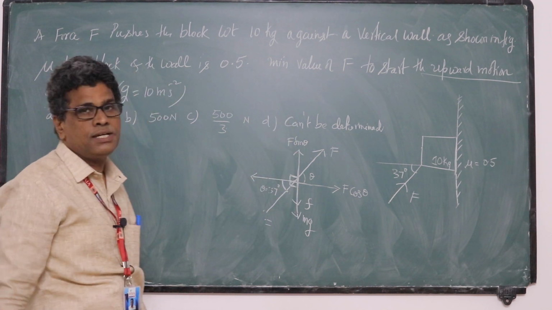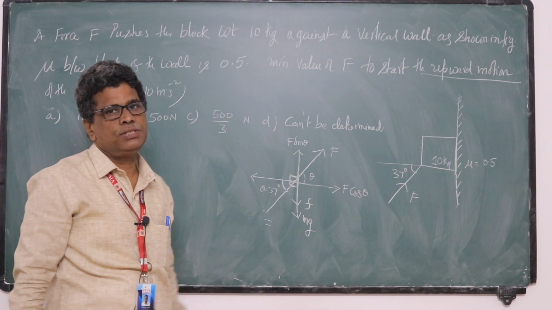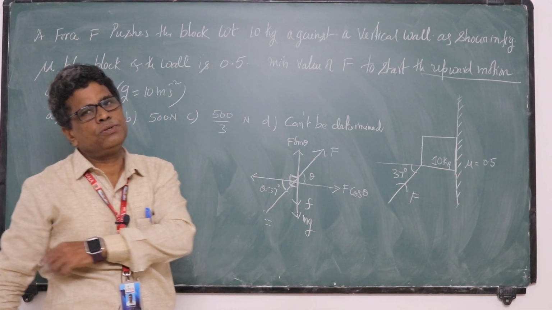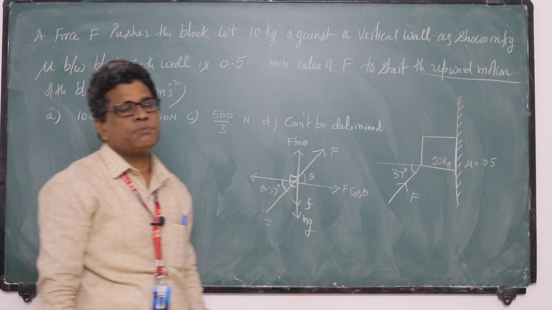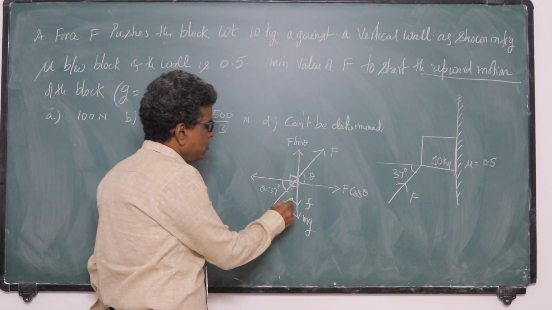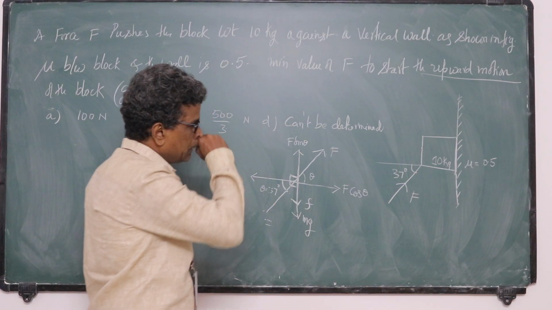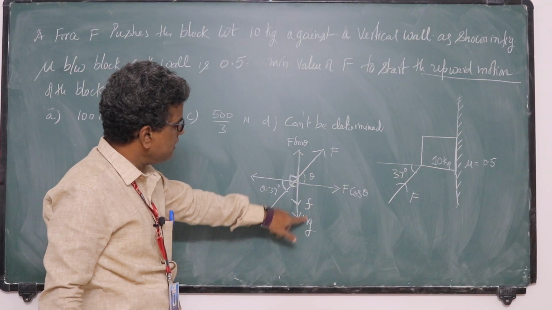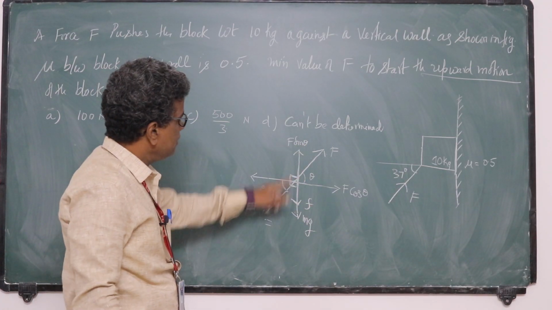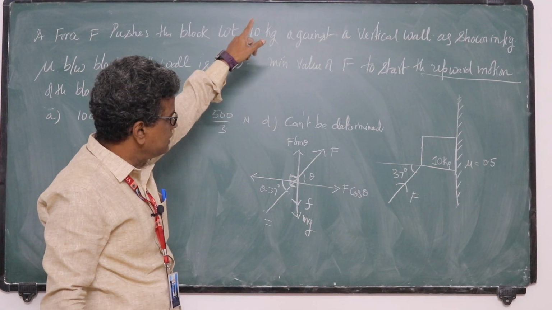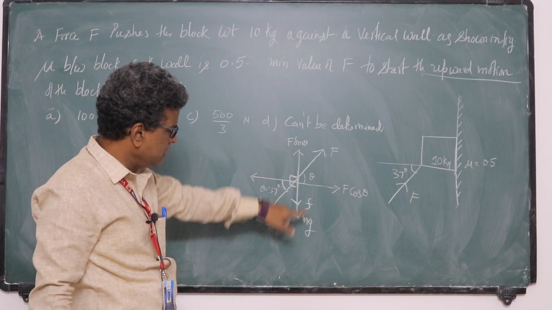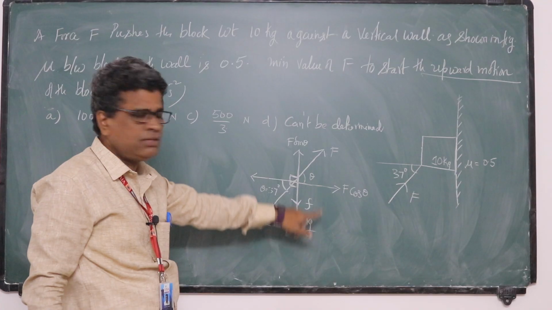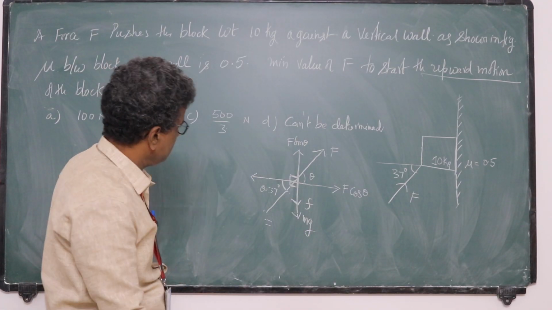So the friction is a self-adjusting force; its direction and magnitude both change with respect to applied force. So this friction is down. Now you check whether F sin theta is greater than f plus mg, then the block has a tendency to rise up. If F sin theta is less than f plus mg, the block will remain at rest.